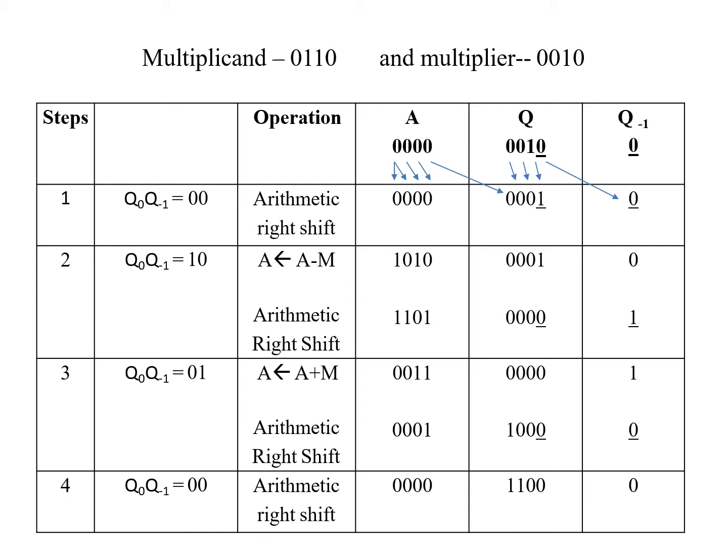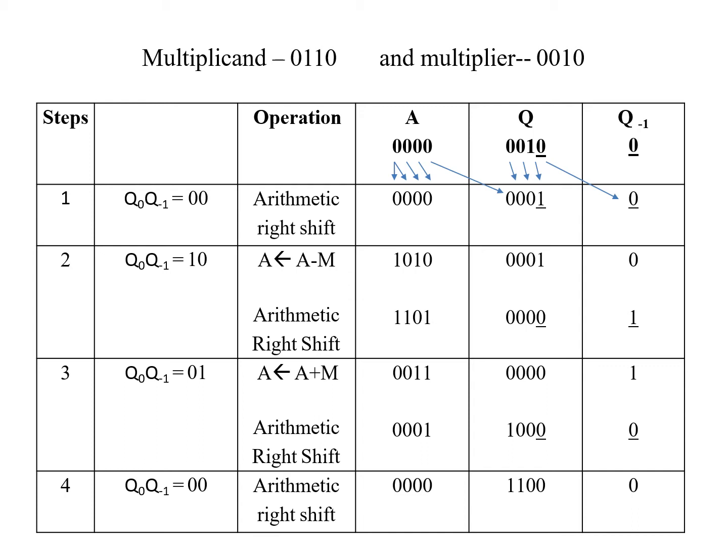Now starting with the first step, we need the combined status of Q0 and Q minus 1. Q0 we get from the LSB of Q, so it is 0, 0. 0, 0 indicates we need to perform an arithmetic right shift. The bits from the A and Q registers, that is a total of 8 bits, are shifted towards the right by a single position.